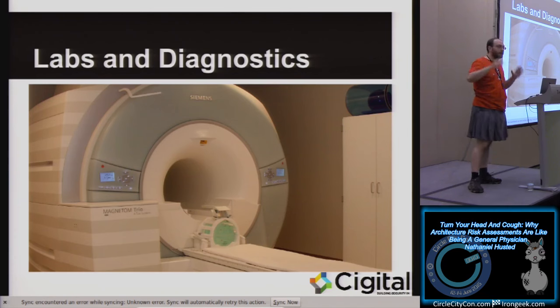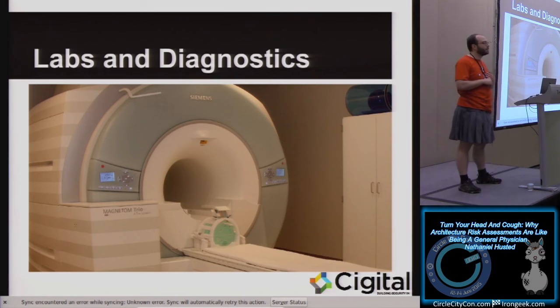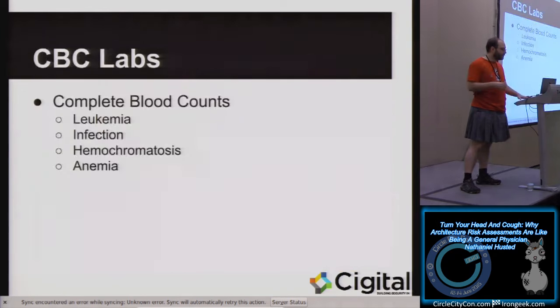You get this very interesting information that potentially helps with a diagnosis. X-rays, the classical one, great. We've been using X-rays in the medical field for who knows how long. You can see broken bones and a number of other issues. We don't really have that in security architecture. We don't really have these tools.